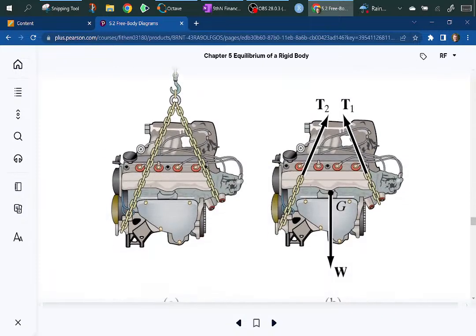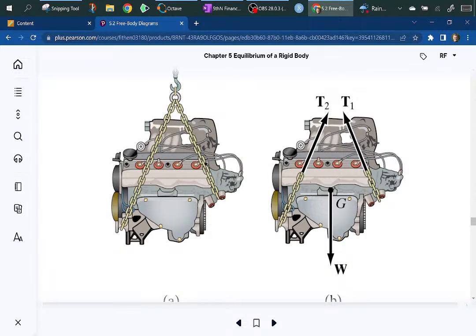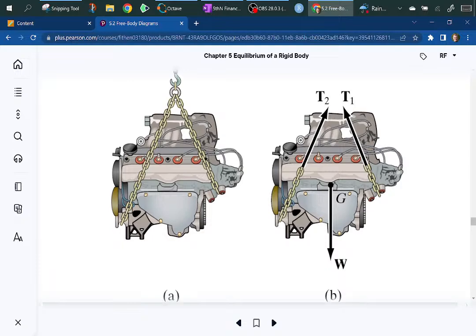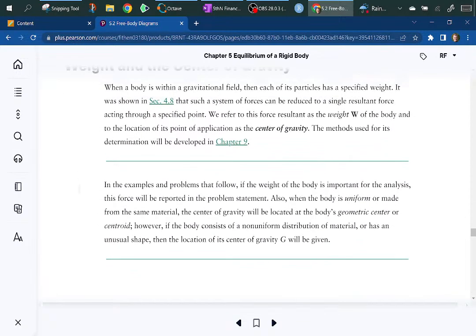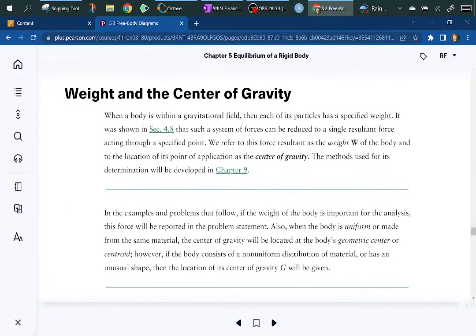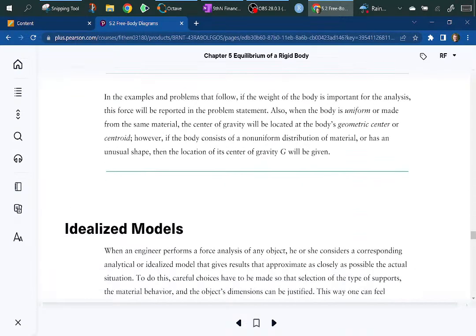Then you're looking at internal forces. Internal forces are simply weights. They could be because of a magnetic field, but more often they're because of the center of gravity of the weight and the structure.